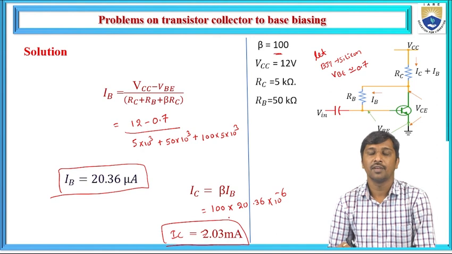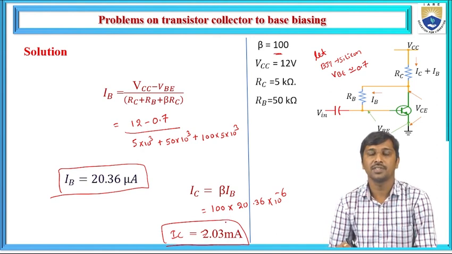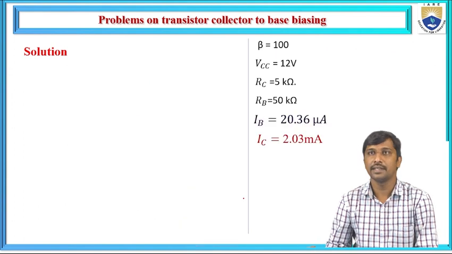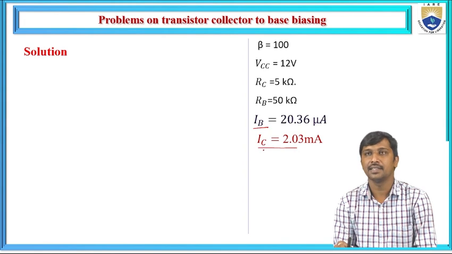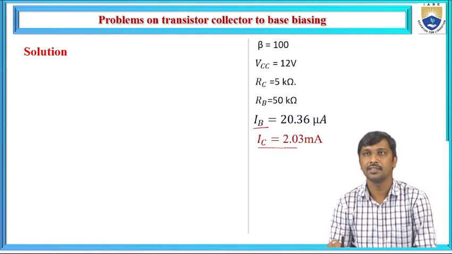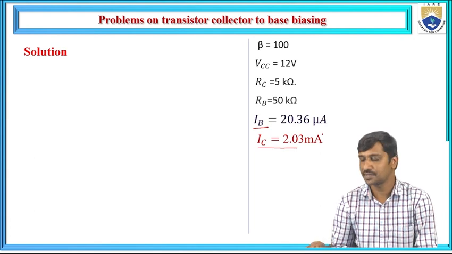If you want to define the operating point, we need to find the quiescent voltage also. Up to this point, we have the base current of 20.36 microamperes and the collector current of 2.03 milliamps.